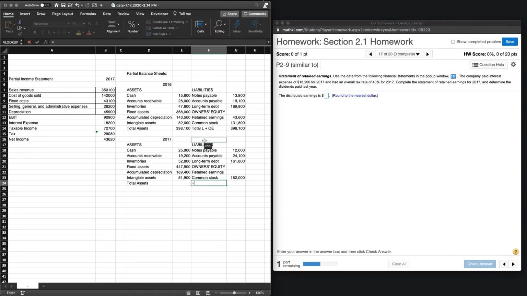Again, we need to add up our assets. Remember to subtract the accumulated depreciation. And now we can figure out our retained earnings.